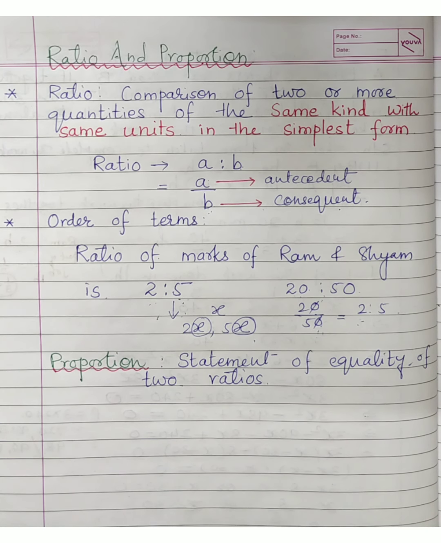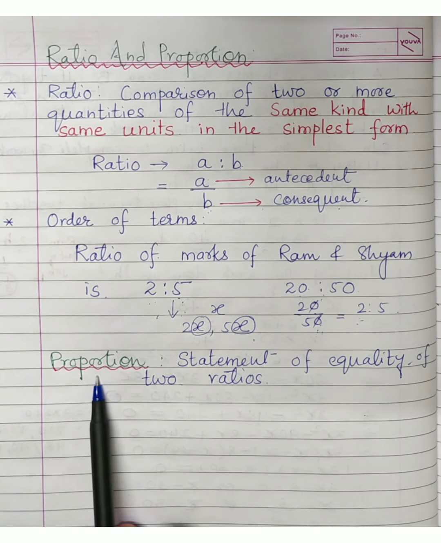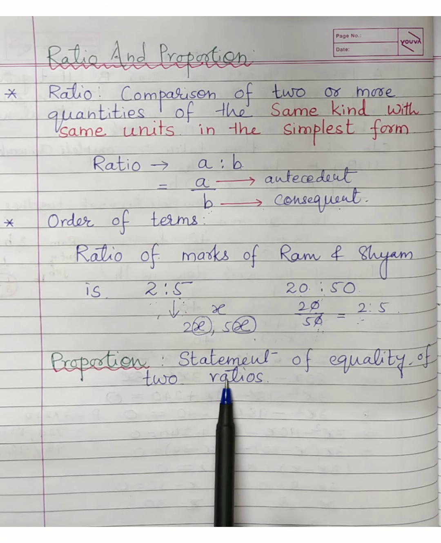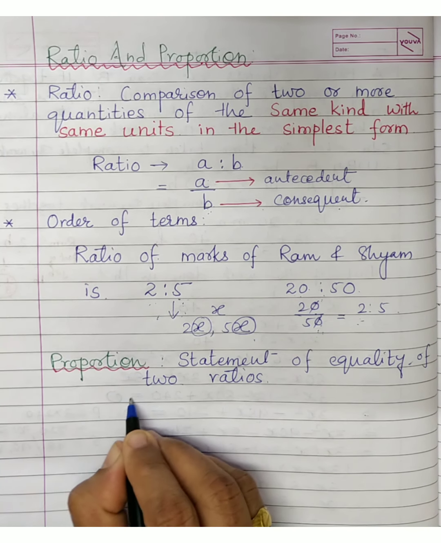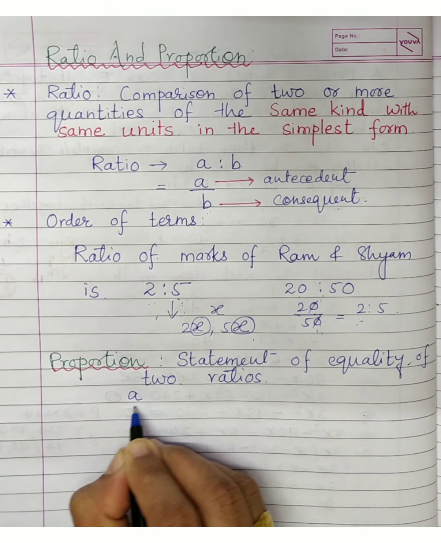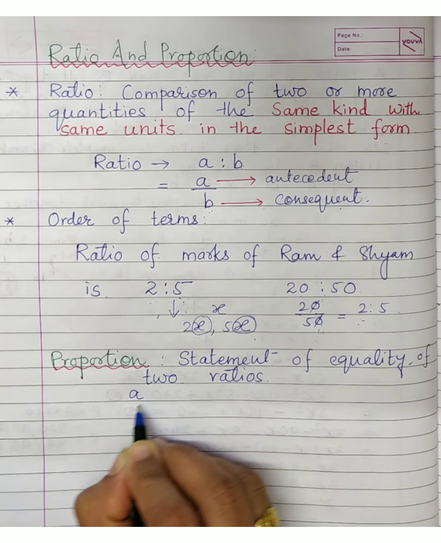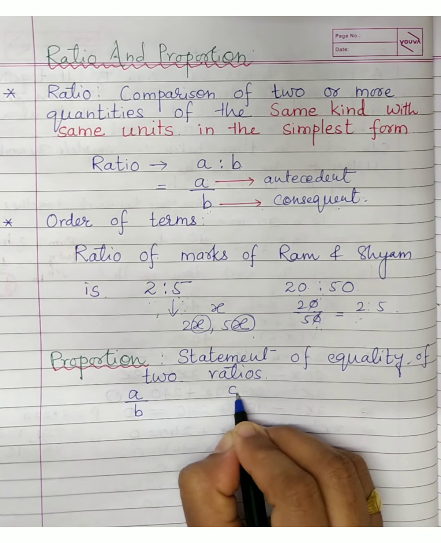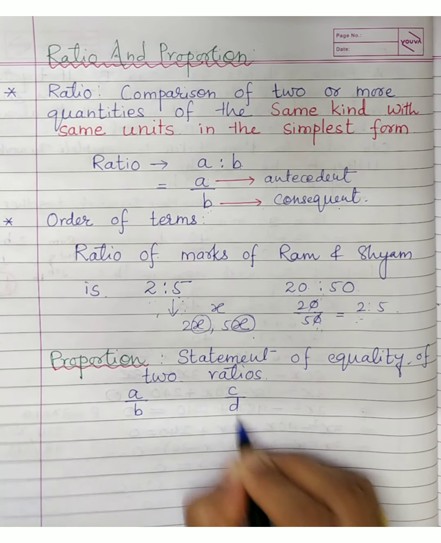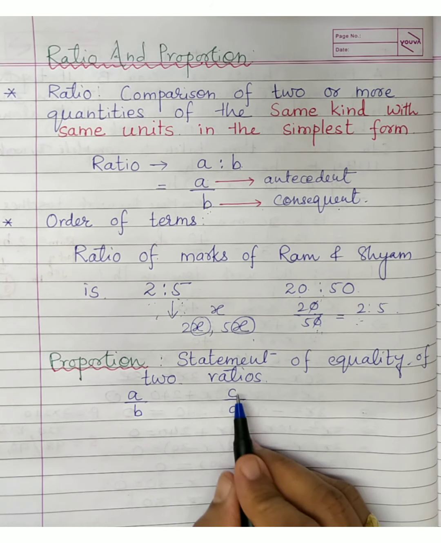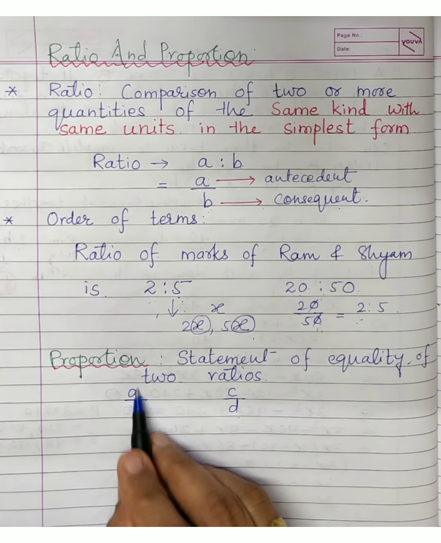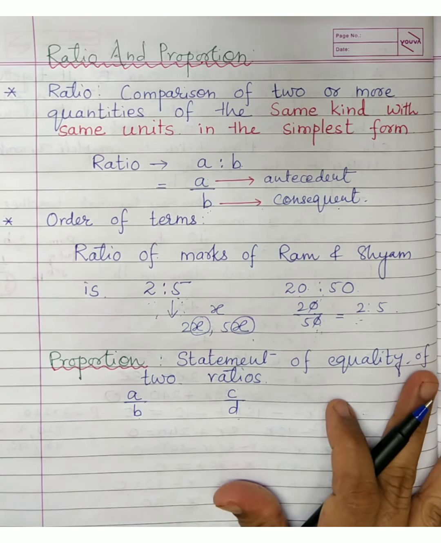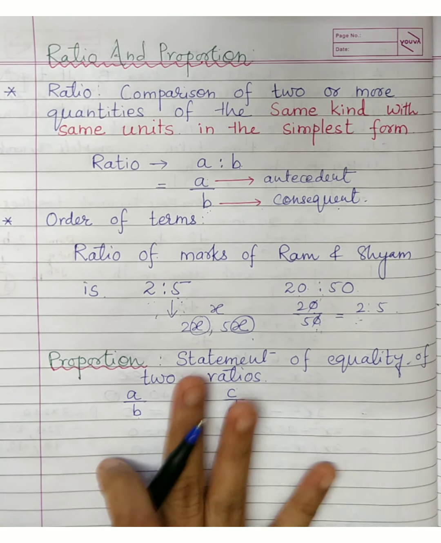familiar concept to you, that is proportion. Proportion is, as you know, the statement of equality of two ratios. Suppose I have got a ratio, say A is to B. I will write it as A upon B. And another ratio I have got, C is to D, sorry, that is C upon D. That means A and B are ratios of the same quantities, all four having the same units, and they are in the simplest form.